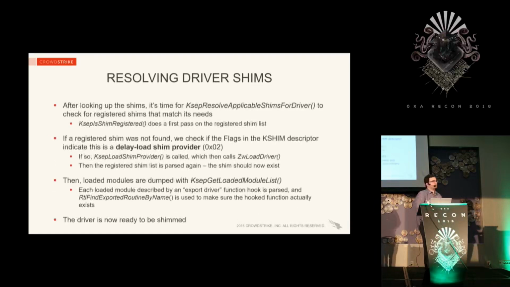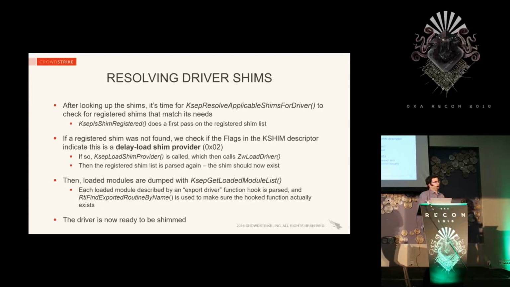Now, once we've identified that a shim is active and correctly defined for a driver, we're going to be resolving the shims. So we're going to see, is that shim, first of all, registered? Because for a shim to be registered, that means a provider ran. The shim provider registered that shim and says, I provide a shim called foobar with the GUID so-and-so. Now, it's possible that a shim provider hasn't yet loaded. In other words, you're loading the driver before you're actually loading the shim provider.